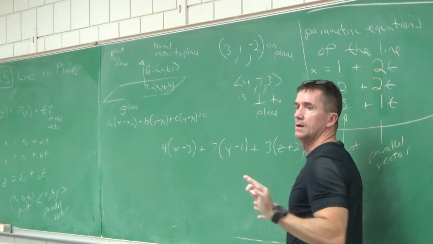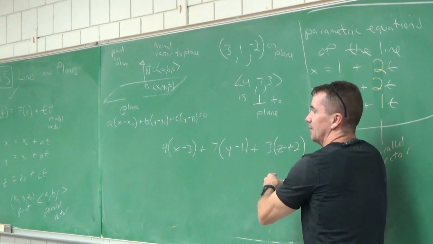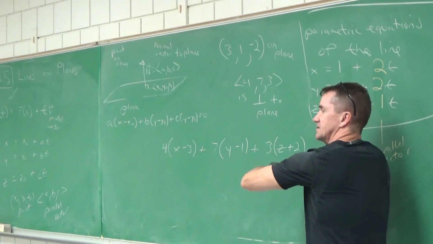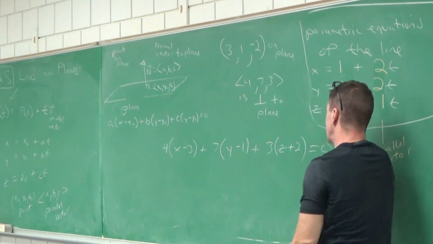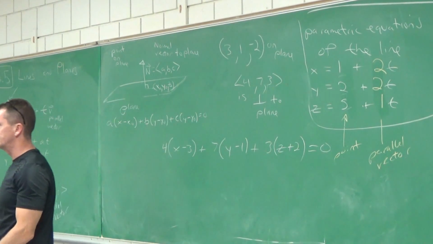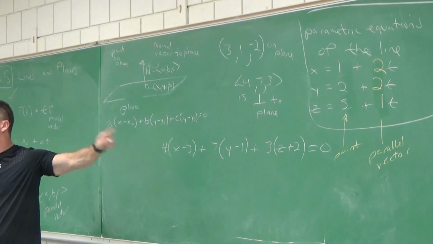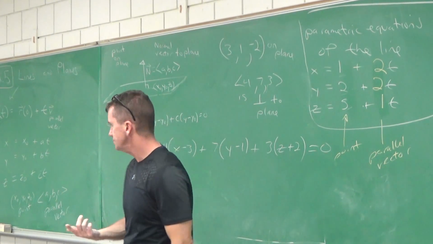Am I done? Equals 0. You can tell by my face how many times I've seen students leave off the answer like that. Oh, I forgot that. But there you go, done, unless you want to simplify it. But that's fine. That describes the plane. That's the equation of the plane. An equation's got to have an equal sign, right?